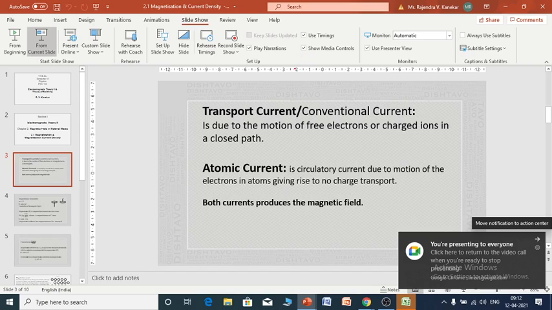So now this top face will be north and the below face will be south. So it is called a magnetic dipole. Now for this magnetic dipole, the magnetic field will decrease as one goes away from the loop.